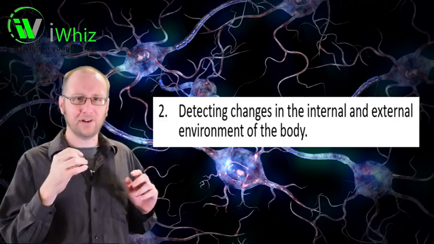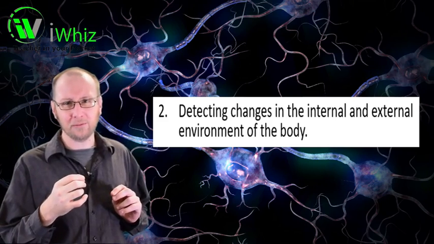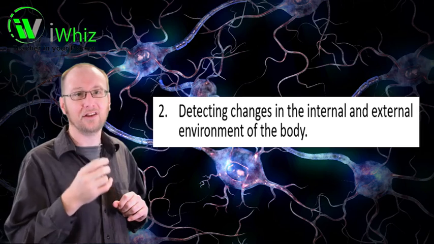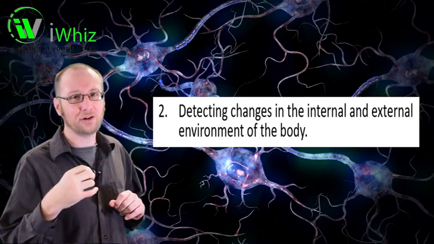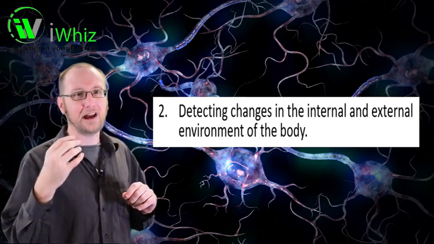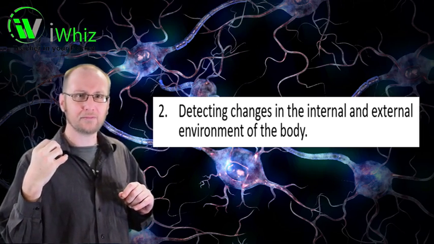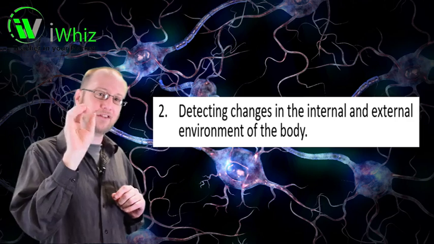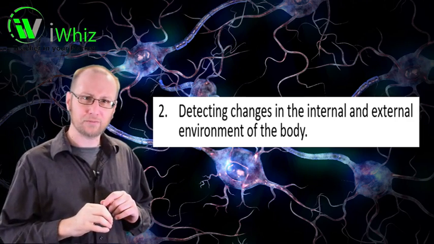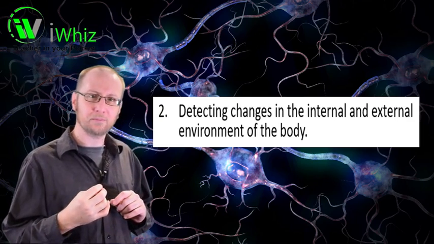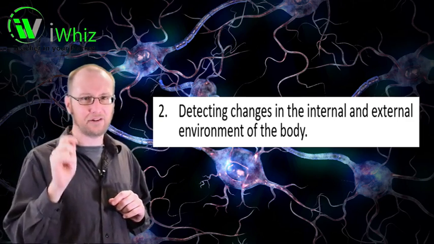The sensory function of the nervous system is sensing changes in the internal or external environment and carrying this information from the sensory organs to the central nervous system via the afferent neurons.